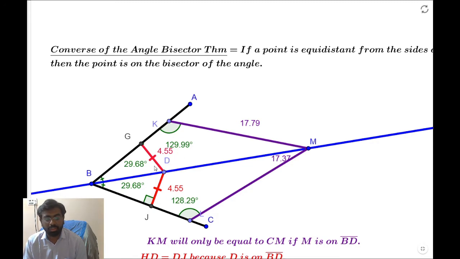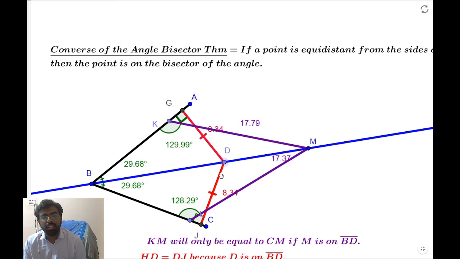Here the point on the bisector of the angle is at 4.55 distance from the sides, and it is clearly mentioned that since the distance is equal from both sides, the point D is on the bisector of the angle.